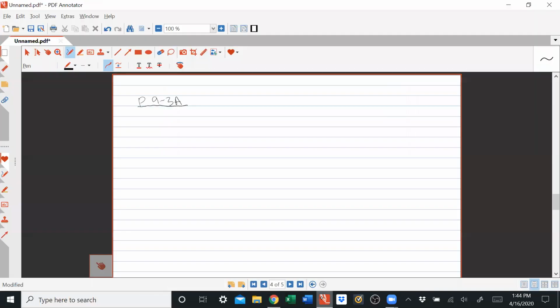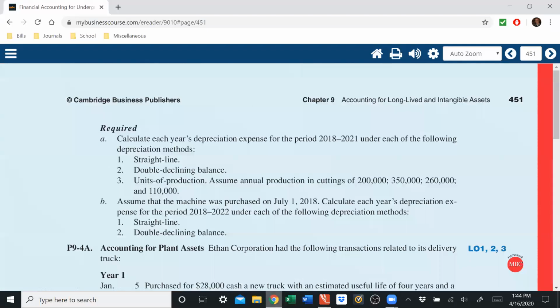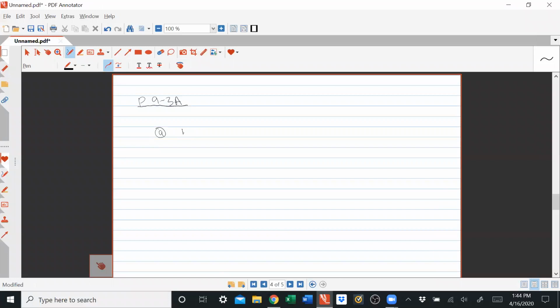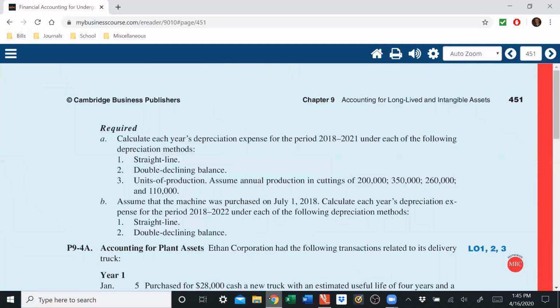So let's do this. Part A, what's the depreciation expense for each of these 4 years? It looks like 18, 19, 20, and 21 under the straight line method. So A, part 1, straight line annual depreciation equals initial acquisition cost minus salvage value.